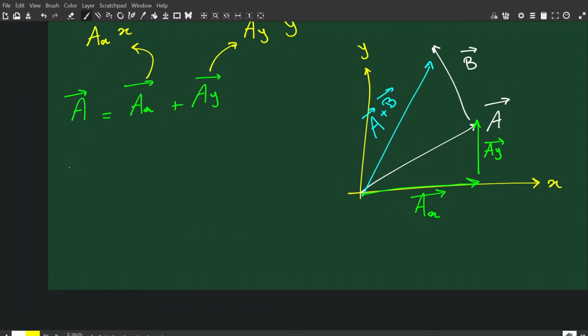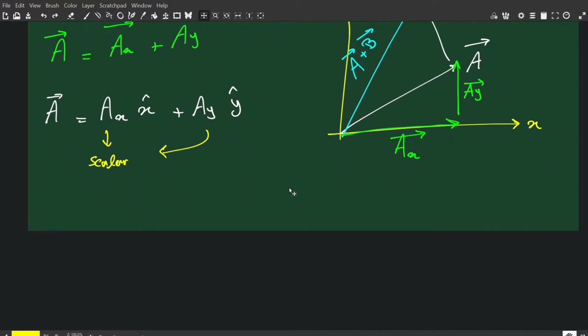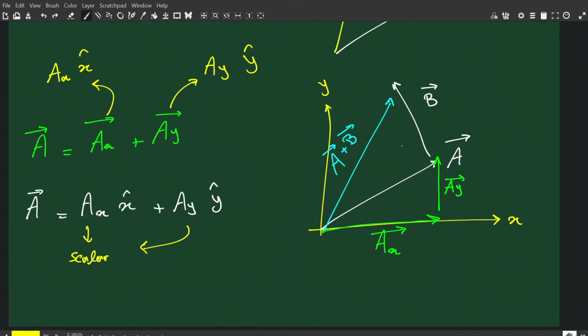So we can write the a vector as ax x hat plus ay y hat, where these are scalars, and these are vectors with magnitude 1. So we can do the same for b and a plus b and any vector.